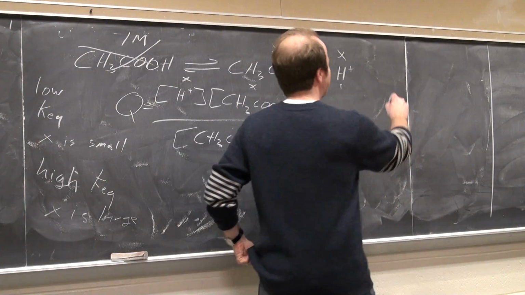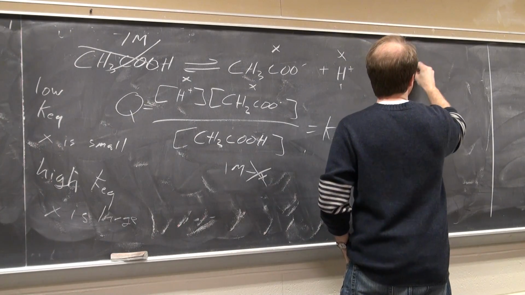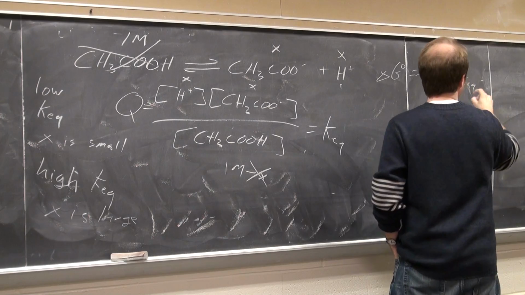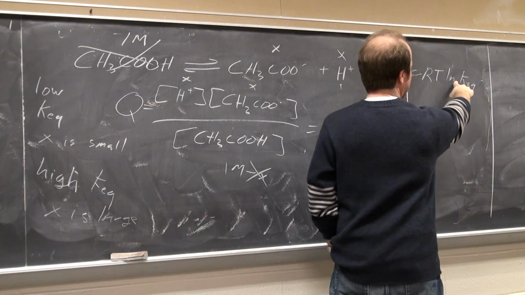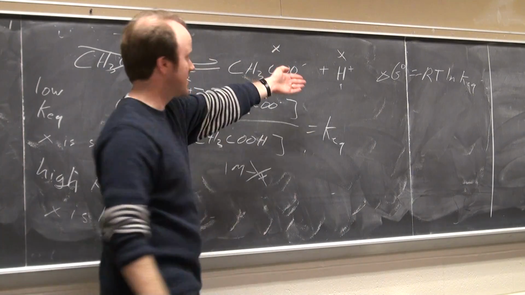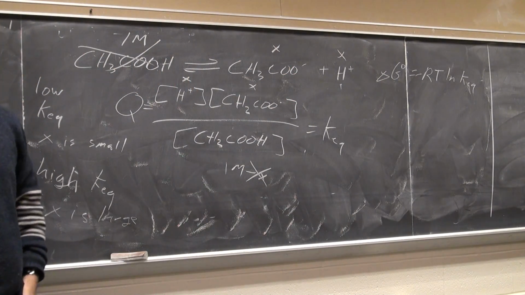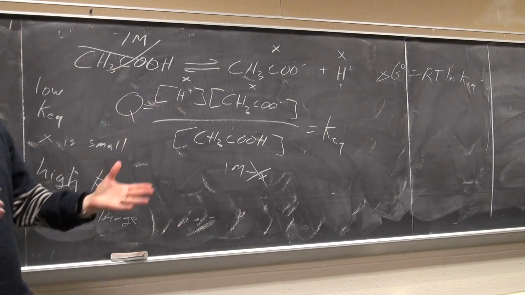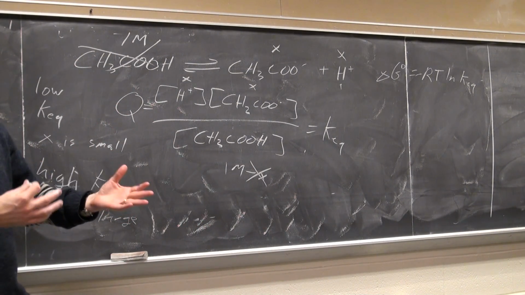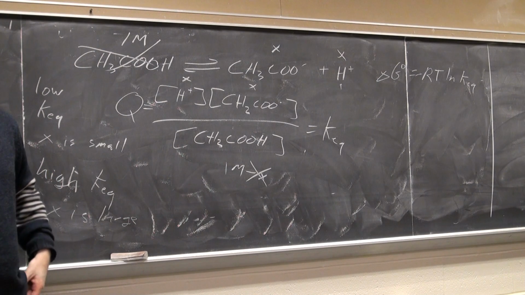And in this equation, delta G0 is negative RT ln KEQ. If this is a big number, it's going to make this very negative, right? And that means that the products are favored. Okay. Cool. So it all fits together between KEQ, delta G0, positive, negative, greater than 1, etc.